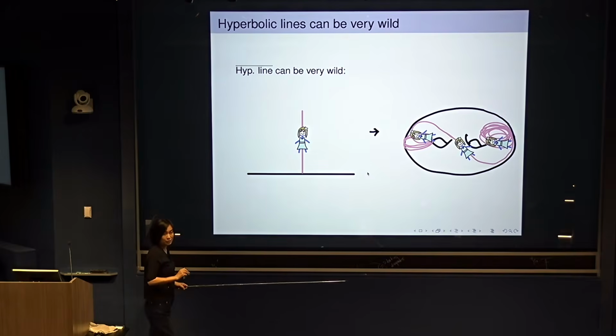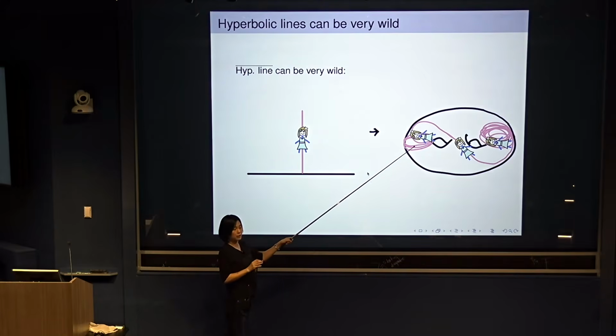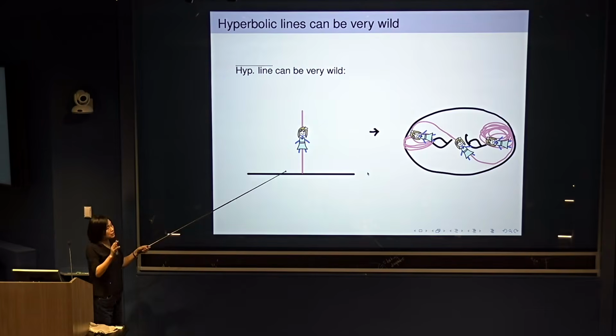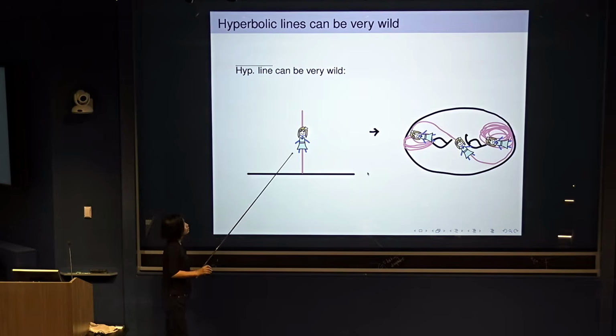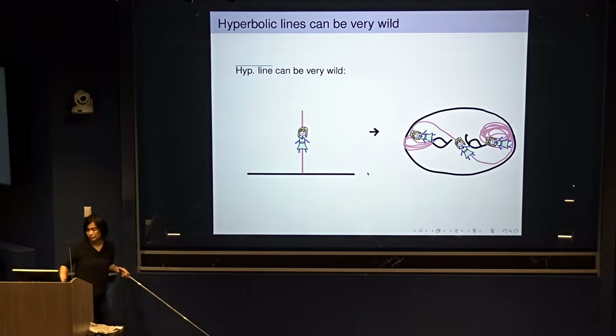Generically, you will see all the places, but not all the time, because some hyperbolic lines, some geodesics, can accumulate only in some part of the closed hyperbolic surface, but they do not go everywhere. So if you want to enjoy your sightseeing, you should not insist on going the fastest way. If you insist on going the fastest way, then you may not be able to see all the places.